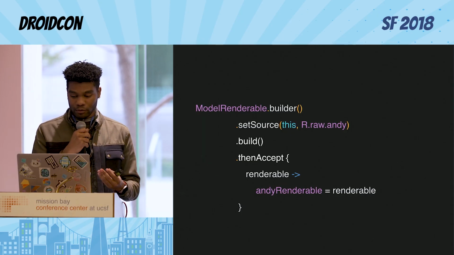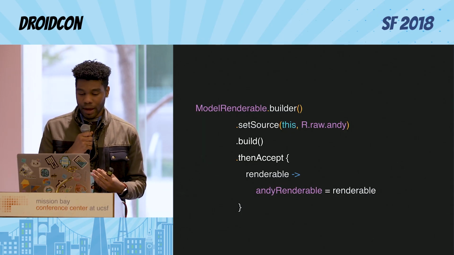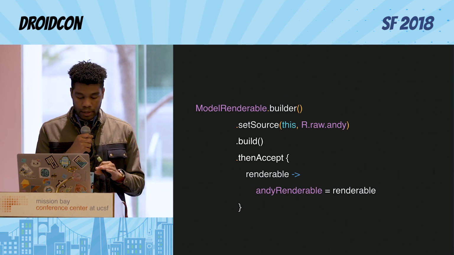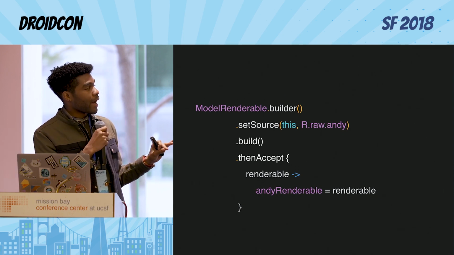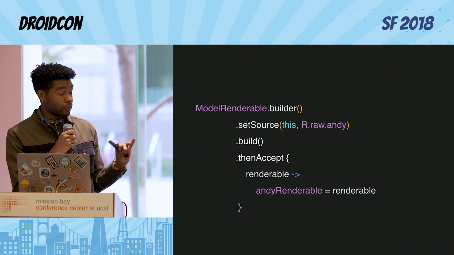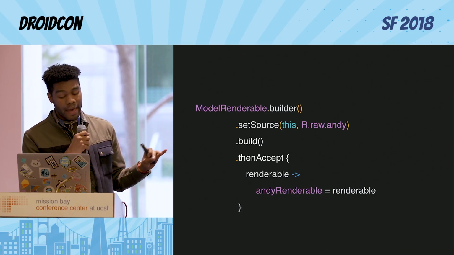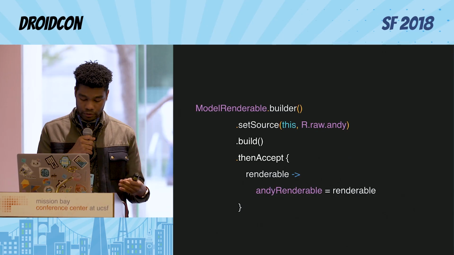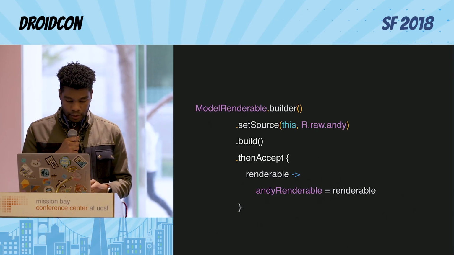I don't know if that's up your alley, but it's definitely not up mine because it takes a lot of time to do that. So this model renderable is going to allow you to load a renderable from a certain path, and it's going to return that renderable so that it can be rendered on screen. It's a lot of renderables.